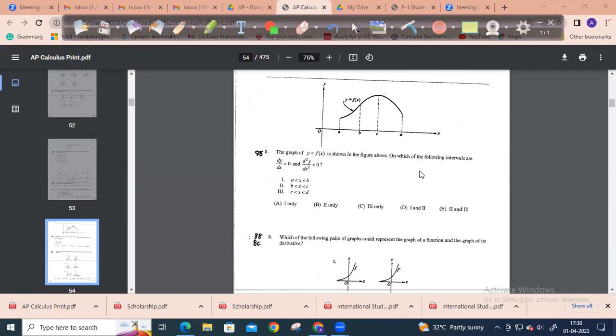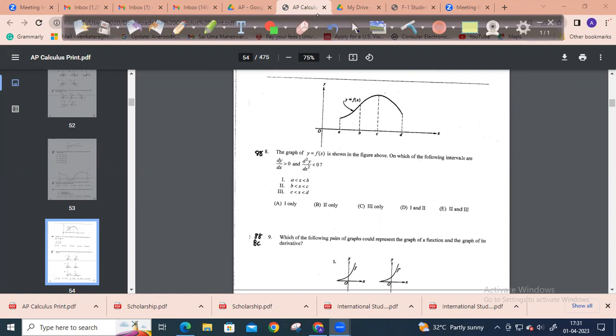And for the graph, they're asking where f dash x is greater than 0 and f double dash x is less than 0, means where the function is increasing and where the function is concave down.